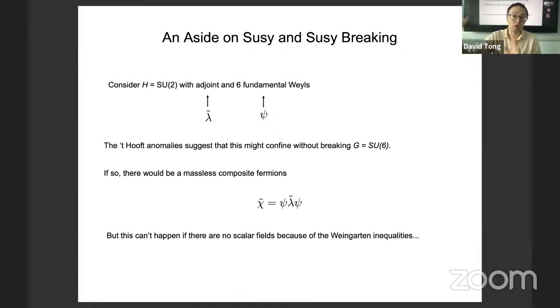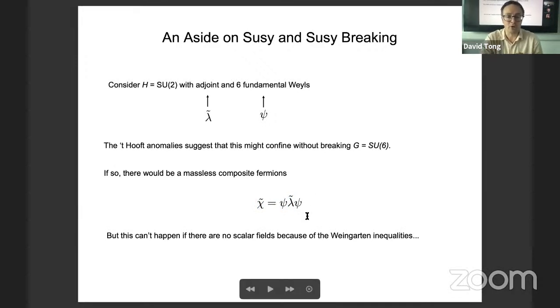But as I've just said, if you throw away the scalars completely, the 't Hooft anomalies of this theory are such that it's very compelling to think that maybe this theory still confines without breaking the SU(6), where the 't Hooft anomaly for the SU(6), it turns out you can show, is matched by this simple composite fermion.